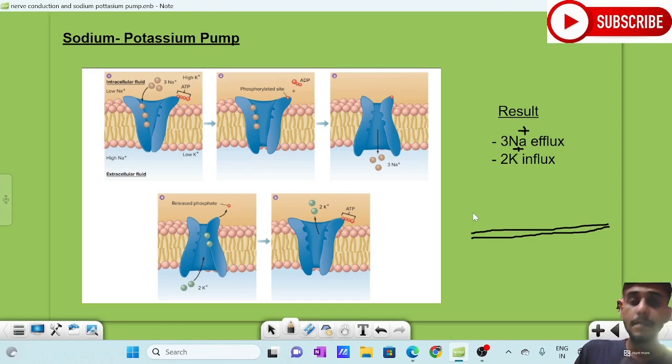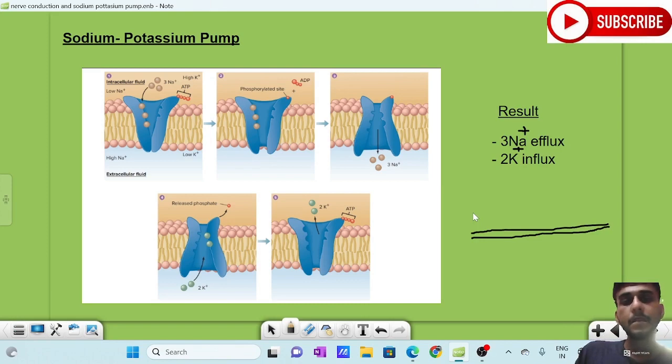Usually sodium is an extracellular ion. It means sodium is present in a high concentration extracellularly. And potassium is an intracellular ion, which means potassium is present inside a cell in a high concentration. It does not mean potassium is not seen outside. Potassium is seen outside, but compared with the concentration of sodium, it is very low.